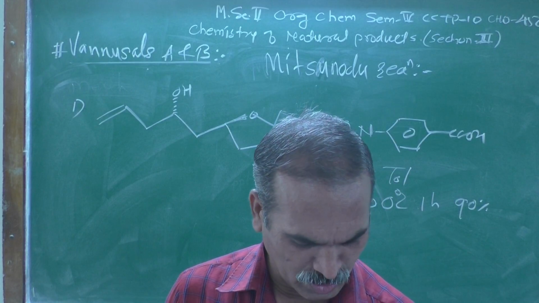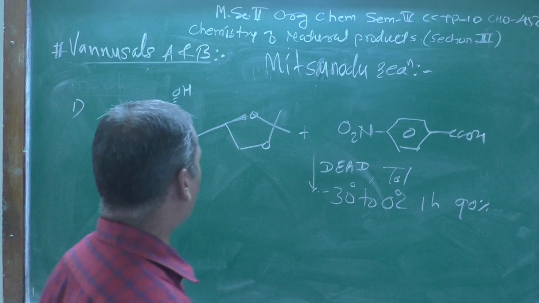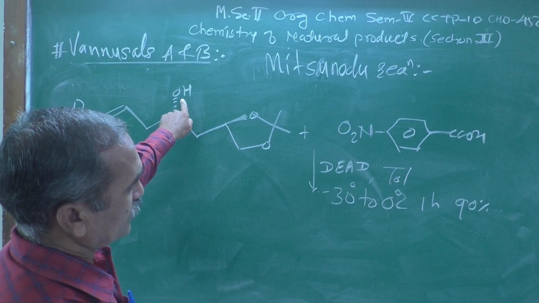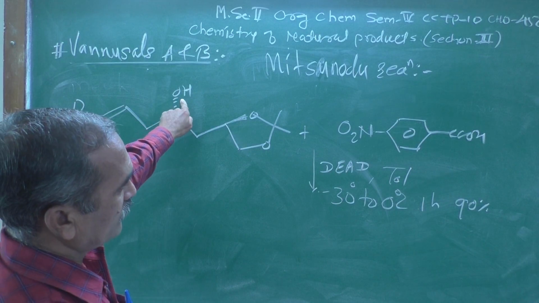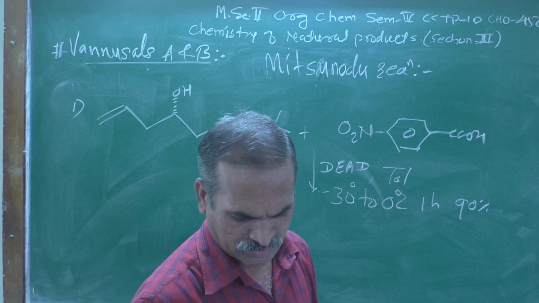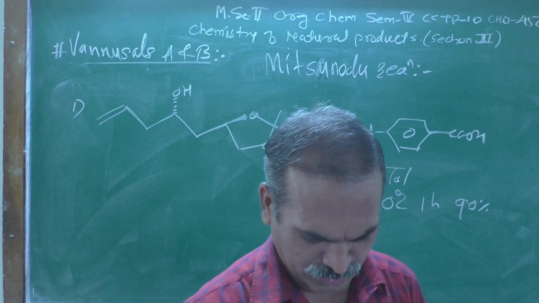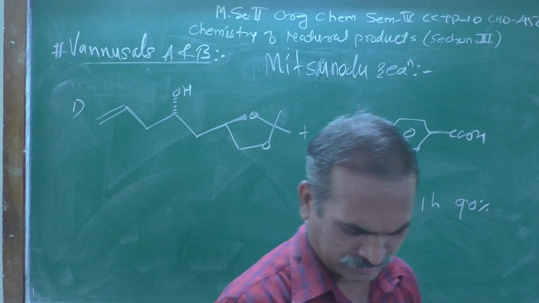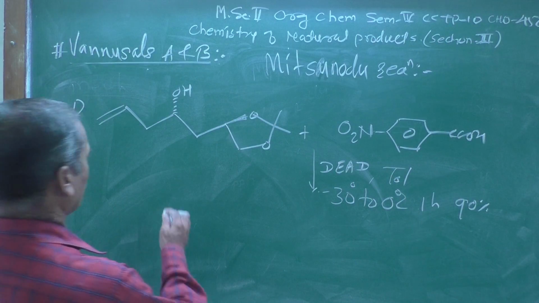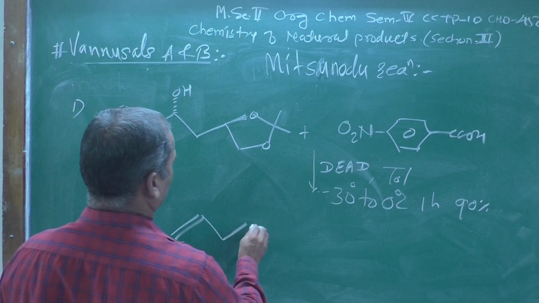As we know, the product formed will be, this is going to be replaced by that nucleophile, so that we are going to get over here this one, the product, this remains as it is.